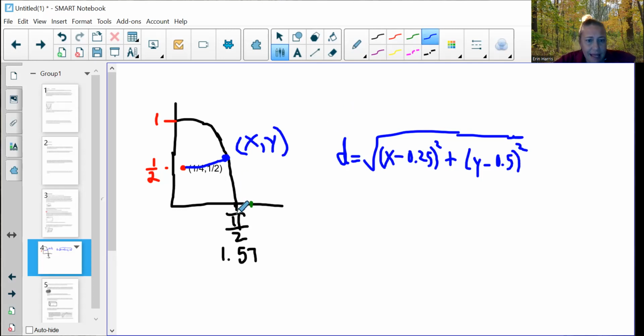Because if this is 1.57, right over here would be 2. So I could tell that going 0 to 2, because I want to be a little bit bigger than what I know I need, I'm expecting to get a value a little bit less than 2.